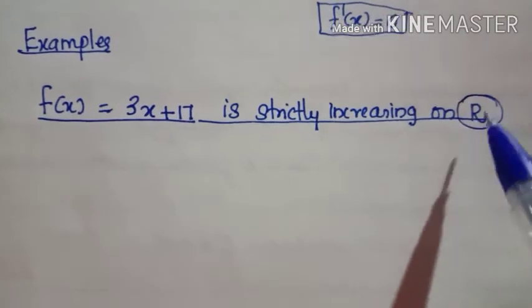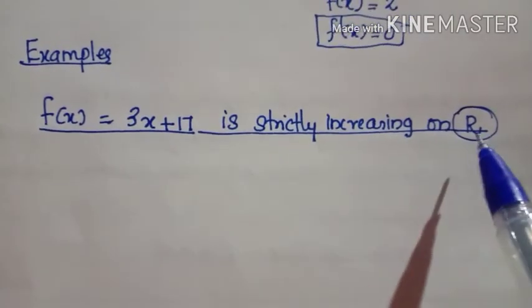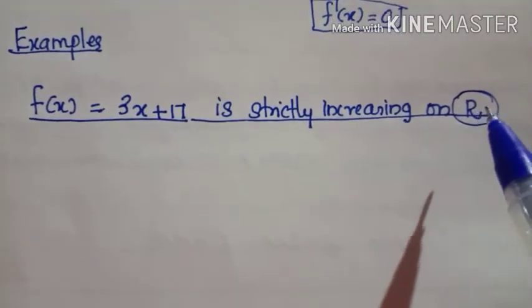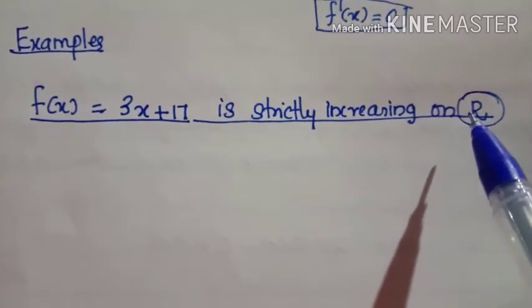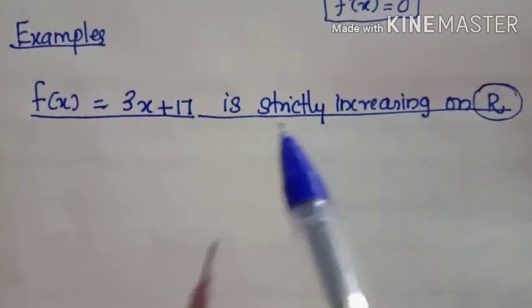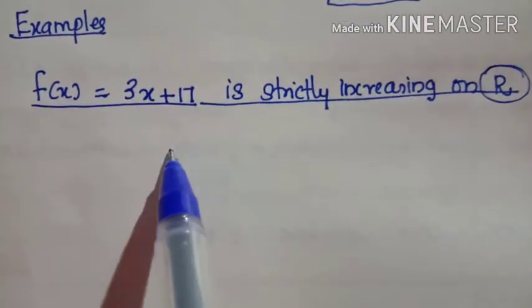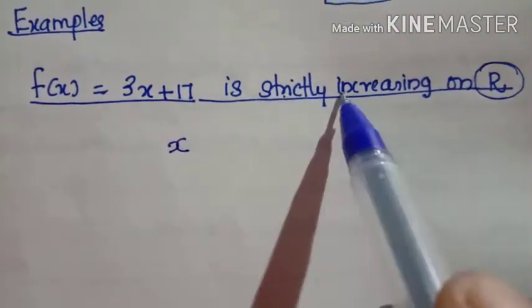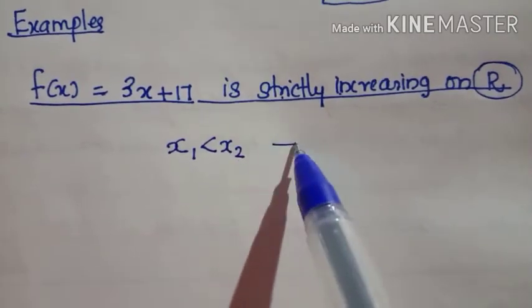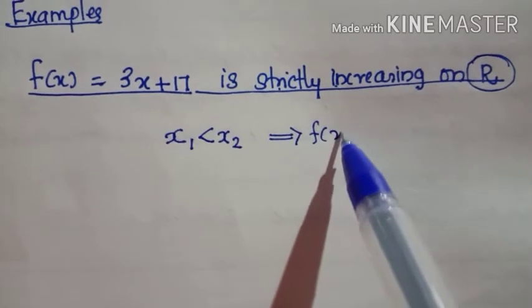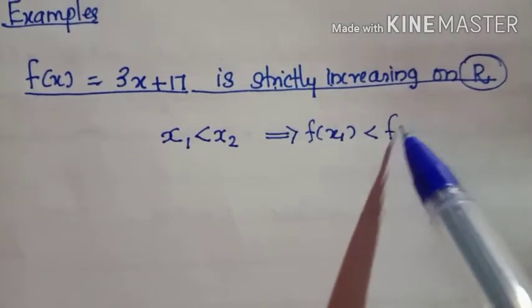Here R is the interval, so no particular interval is mentioned. It's a general interval, the real line, or the set of real numbers. In this case, we take the condition for strictly increasing: if x1 less than x2 implies f of x1 is less than f of x2.